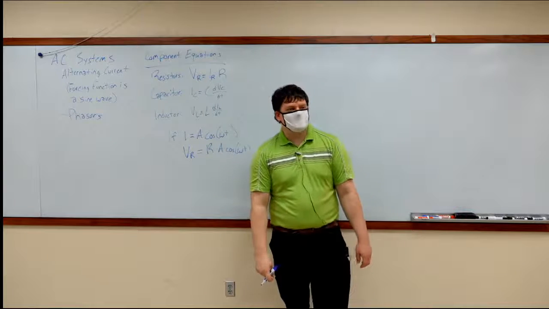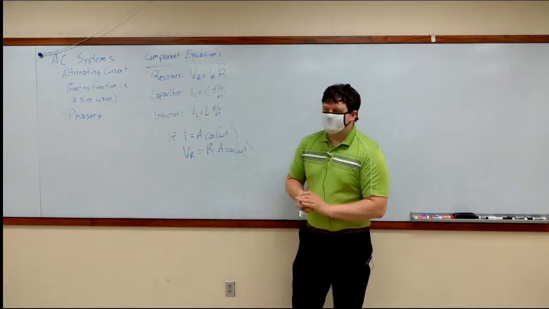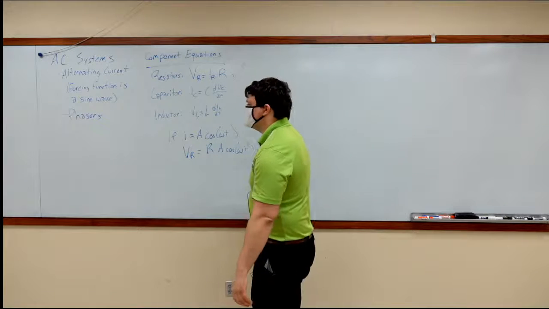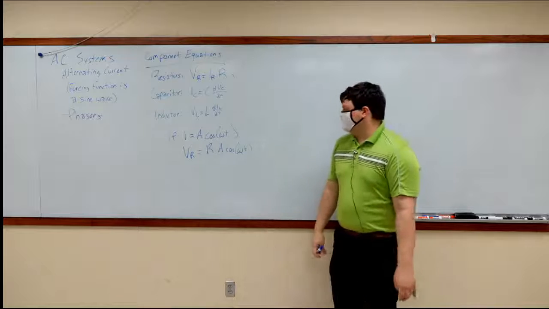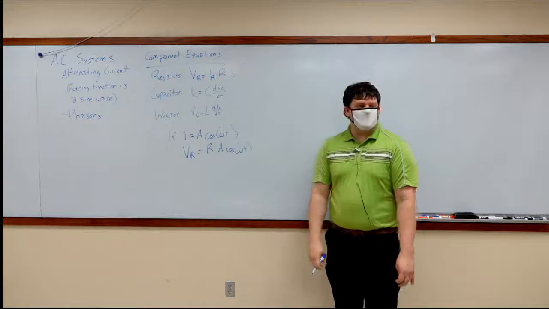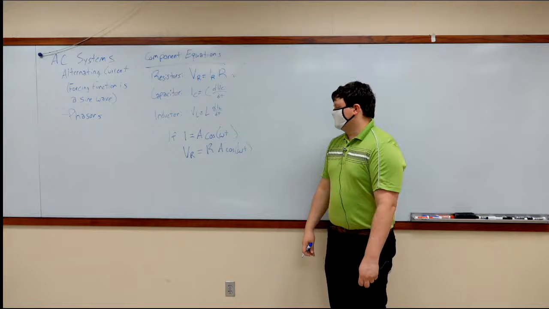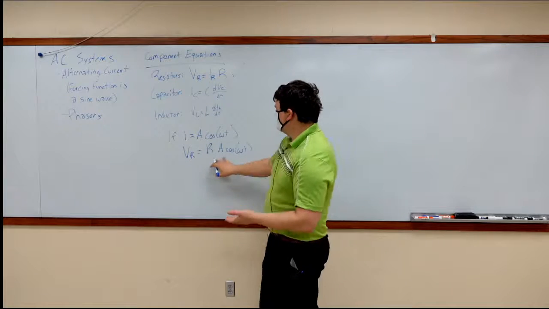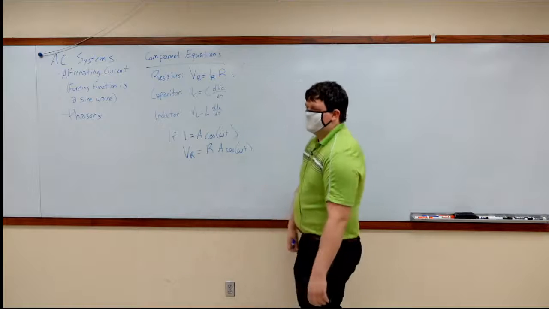I mean, shocking, right? So this equation stays true. There's no way of simplifying it. It's already pretty simple. We know what voltage and current are. You want to find the current value, you divide by R. Very simple.